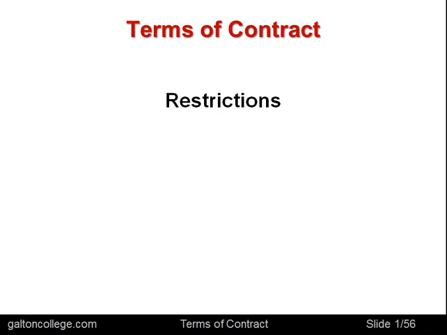In this video we're going to look at the terms of a contract, and in particular the restrictions on the terms of the contract. Sometimes contracts may attempt to exclude certain circumstances, and it was felt unfair that contracts should be able to do this.